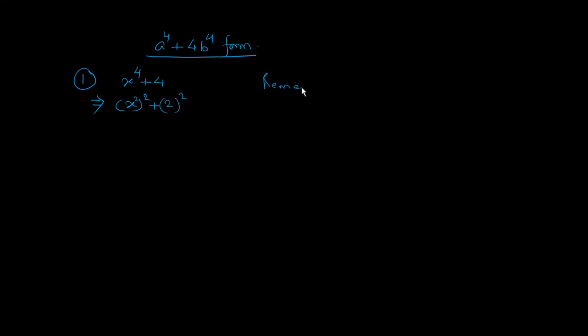Now remember, dear students, I will go slowly. Remember the a square plus b square formula. A square plus b square formula is a plus b whole square minus 2ab. So let's apply that formula here. A square plus b square is a plus b whole square minus 2ab. What is a?